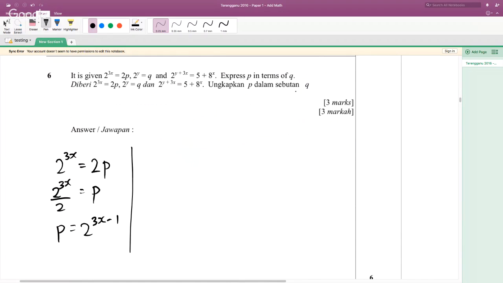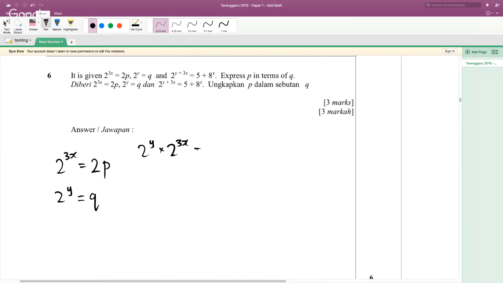Okay, 2 power of y equals to... Let's see. Okay, let's just do it first. Don't think too much, just do. So this is 2 power of y equals q. So 2 power of y multiply 2 power of 3x equals 5 plus 8x, where 2 power of 3x is there.